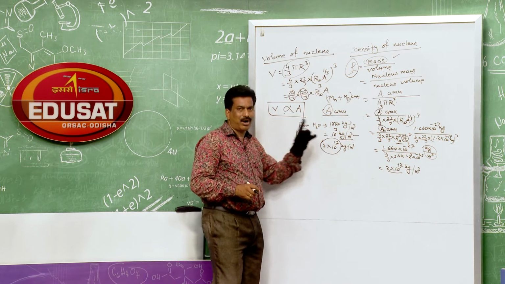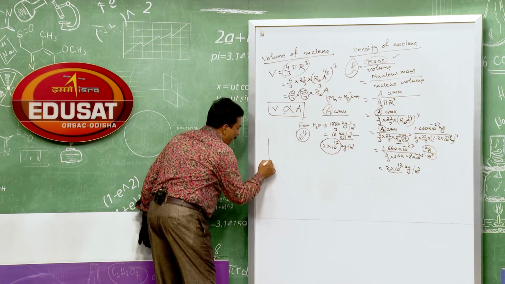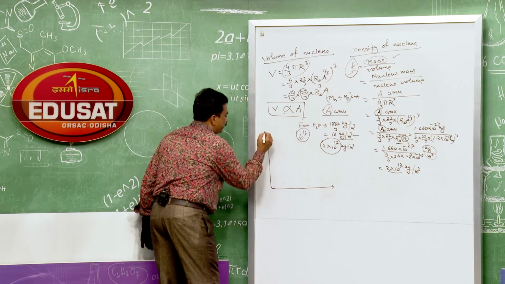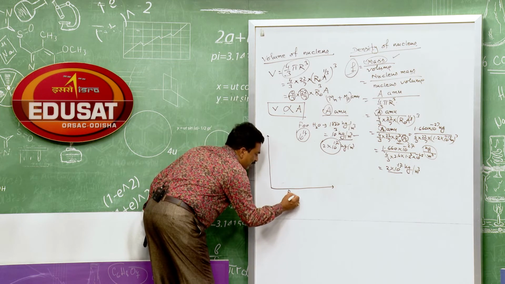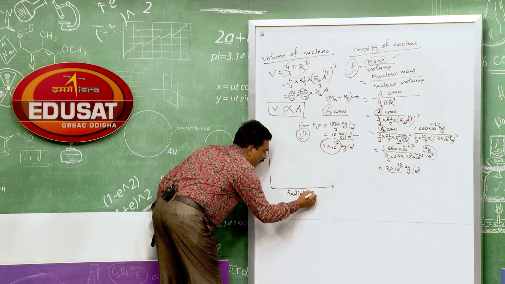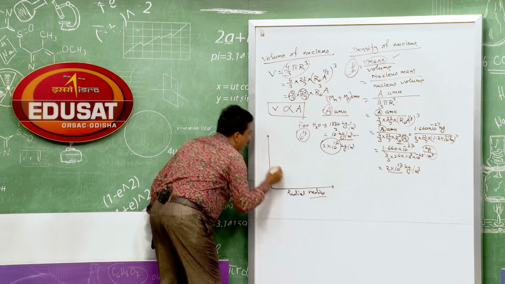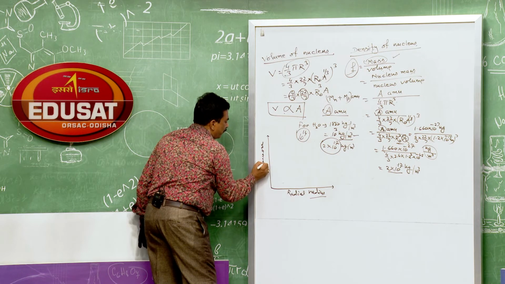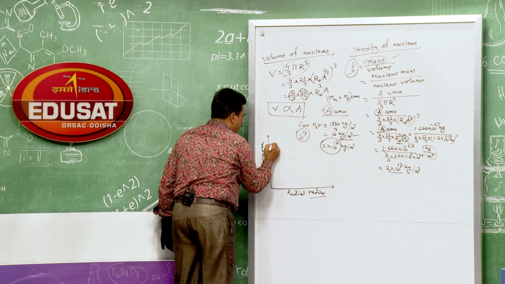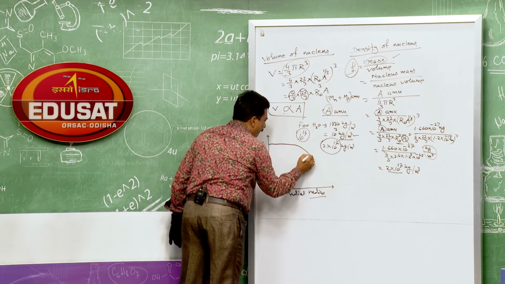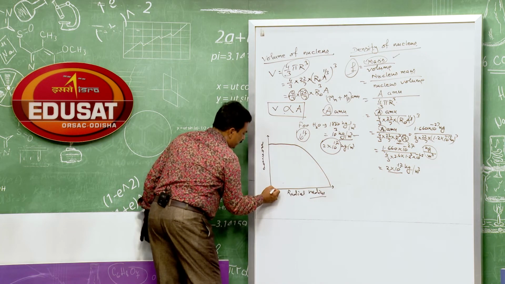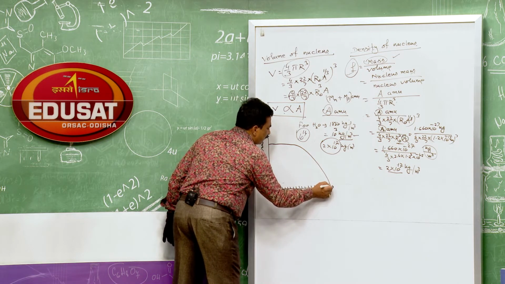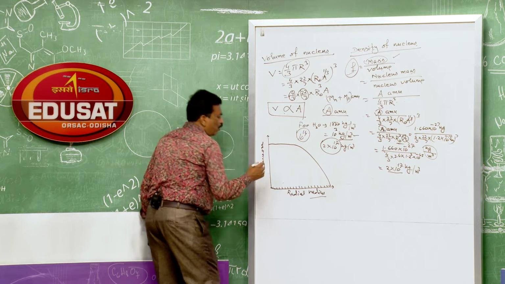So, if we plot a graph by taking the radial radius with its density, the graph will be like this. This is the radial radius, this is the origin.